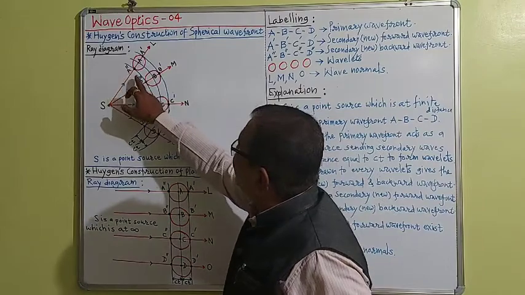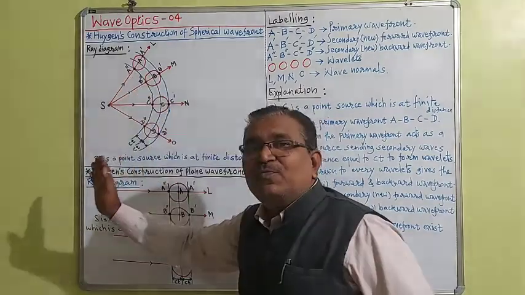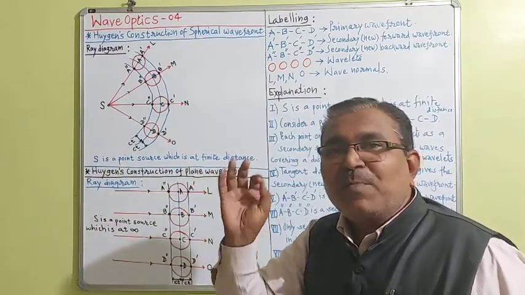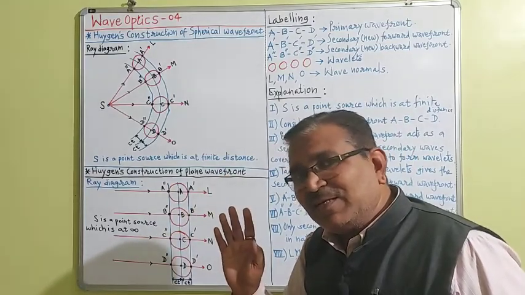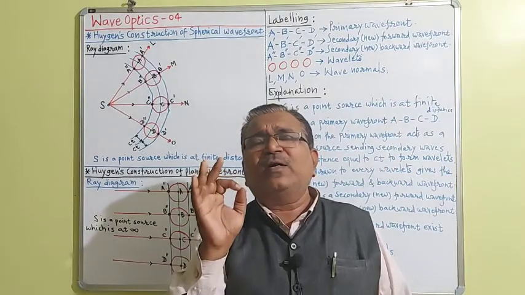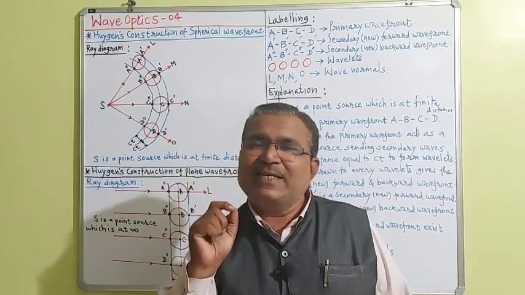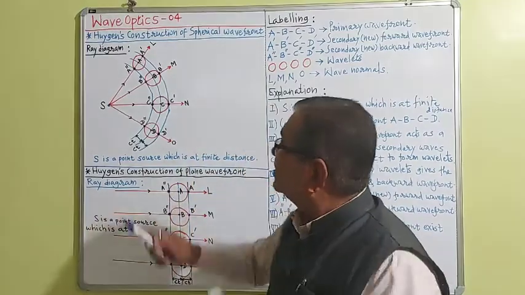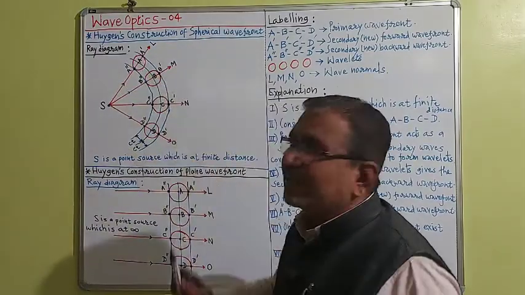Tangent drawn to A double dash, B double dash, C double dash, D double dash forms what? The secondary (new) backward spherical wavefront. And the most important thing, dear students, is that only the forward new spherical wavefront exists in nature. Backward wavefront does not exist in nature. This is a backward spherical wavefront. This is a forward spherical wavefront.